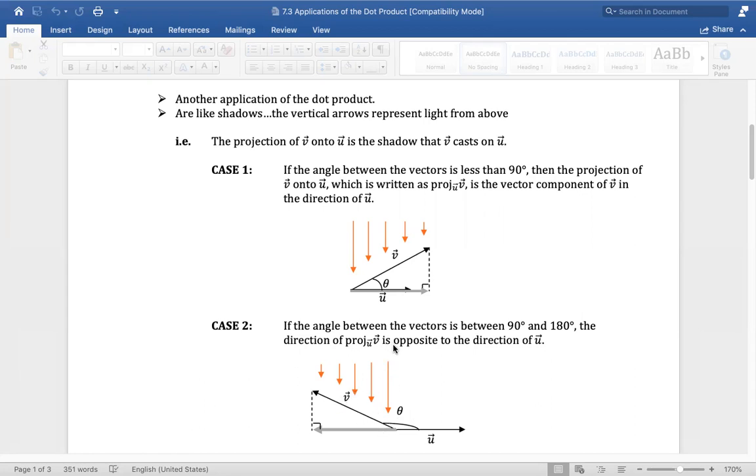It's going to be projected opposite to the direction of U. The shadow that's going to be cast has the U vector going in the opposite direction, right? So that result would be negative. You will always get a negative result if you're between 90 and 180. Basically your shadow is technically not going on top of the vector, but going in the opposite direction of the vector, and that would be the length of the shadow there.